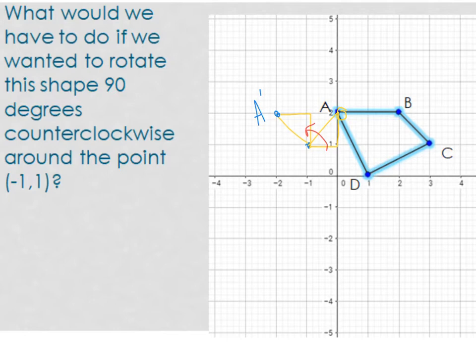Okie doke. So, let's continue. How about for B? Well, if I look at B in the same way, I would be doing something like this. Alright. Now, if I want to rotate that up, it went over 3, so my new triangle would look something like this.